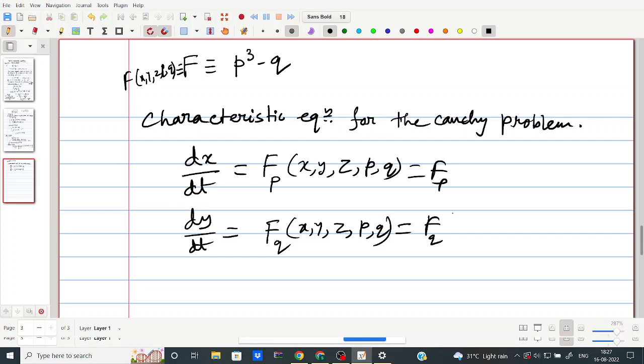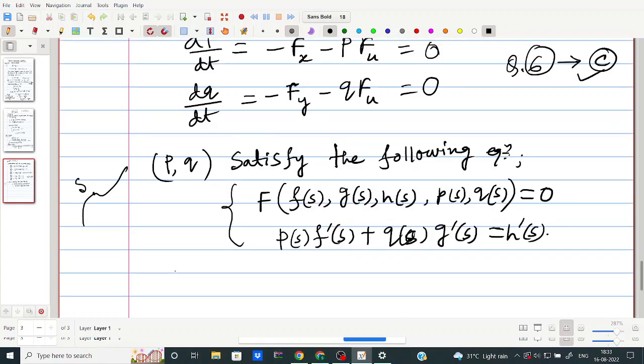That is F on this datum curve: f(s), g(s), h(s), p(s), q(s) equal to 0, and another condition is p(s) f'(s) plus q(s) g'(s) equal to h'(s). You know this from your video lecture, right? On the datum curve, we have to find the solution for p and q, where p and q satisfy this system. Is it okay?